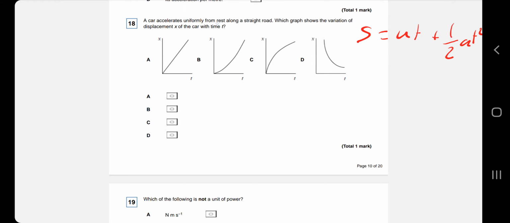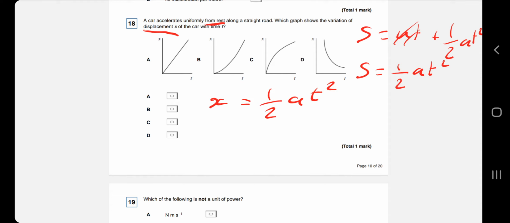Now the question says that it's from rest, so we'd be left with s equals a half at squared. And what we need to do is just to change the s with displacement x, as it says in the question. So x is equal to a half at squared.